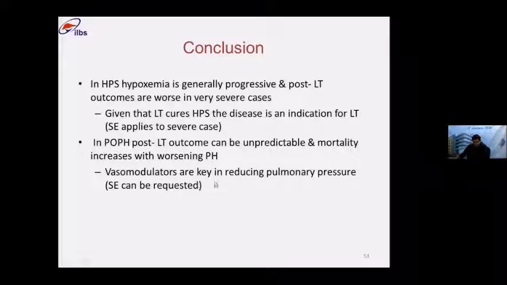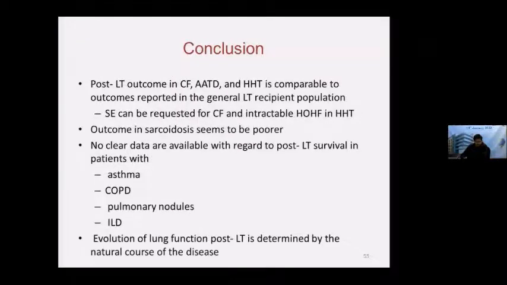So vasomodulators are key in reducing pulmonary pressures, and standard exceptions can be requested in the aforementioned categories. Post-LT outcomes in cystic fibrosis, alpha-1 antitrypsin deficiency, hereditary hemorrhagic telangiectasia are comparable to outcomes reported in the general LT recipient population.